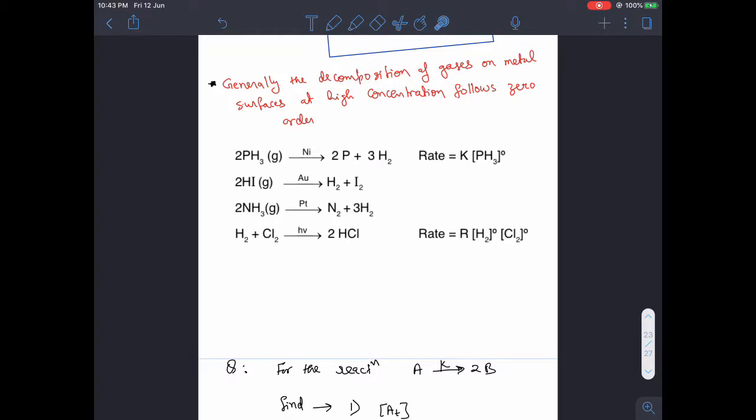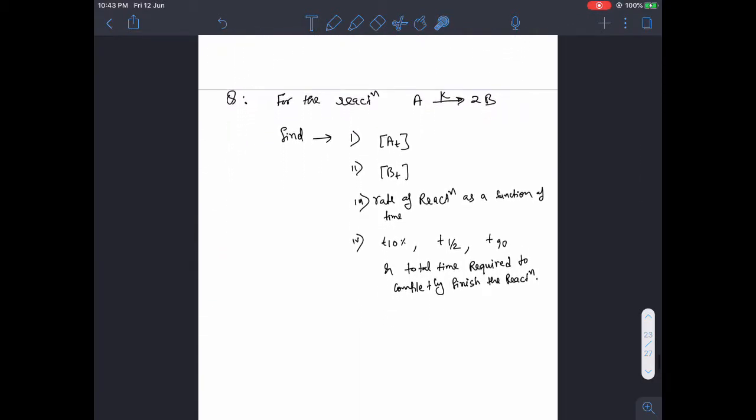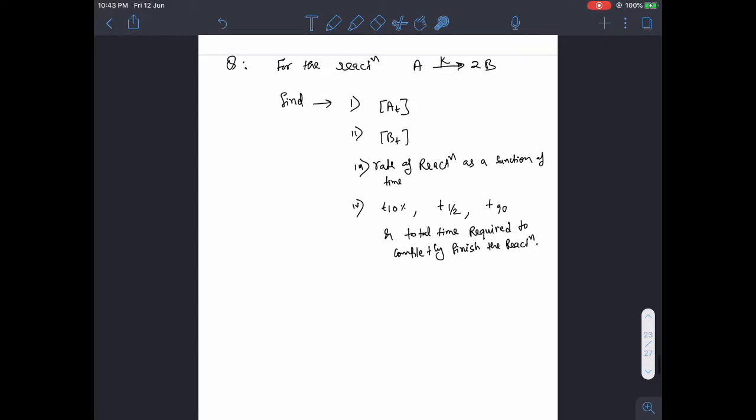Now coming to the various aspects and how to approach questions related to it, which is the most important thing, because from now onwards the theoretical part is over and mostly the numerical part will come. Consider this zero order reaction, A forming 2B, with rate constant K, temperature T, and initial concentration of A given as A naught.